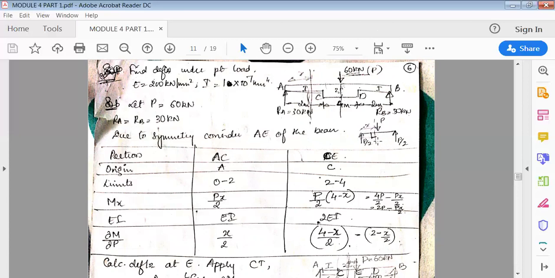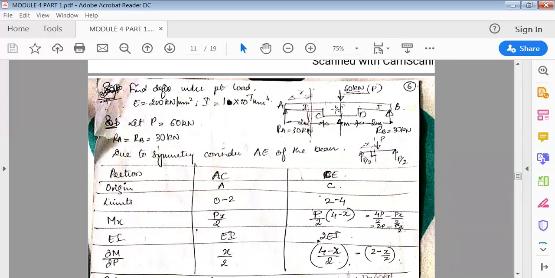So again I'll check the loads here to the left and right. So what I'll do is I'll split it and take only the left side portion. So up to AE. AE has AC span and CE span. So first portion AC, then portion CE, this portion.